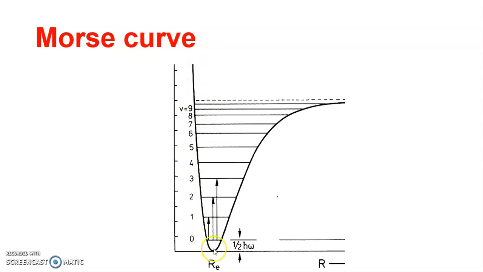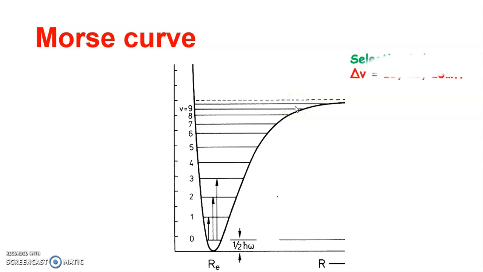Thus the Morse curve for the diatomic anharmonic oscillator will be like this, having a dissociation energy from the equilibrium position to the dissociation limit. It will show a dissociation limit, not extend to any level.